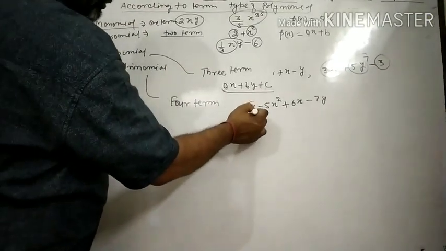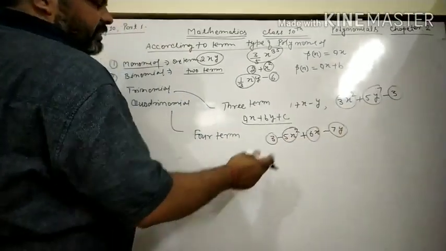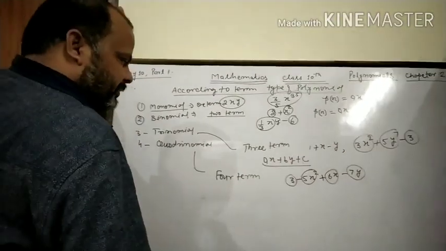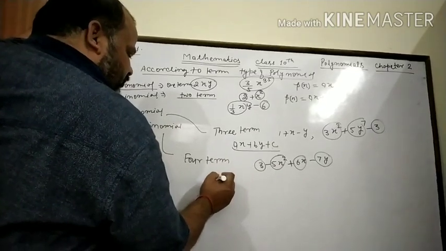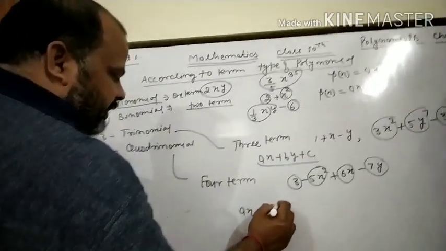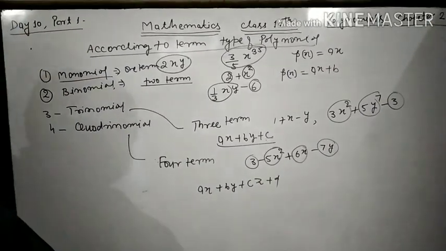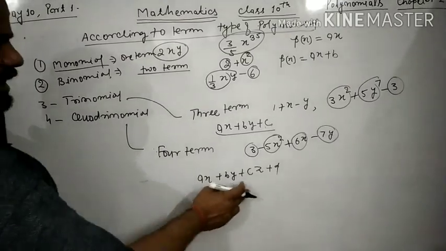Then you see one term, second term, third term, fourth term, so it is called a quadrinomial. And the standard form of the quadrinomial is ax plus by plus cz plus d.